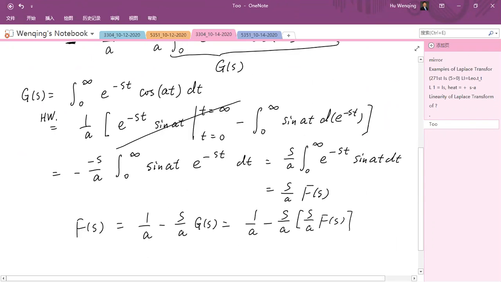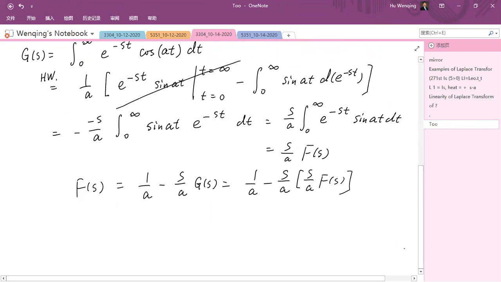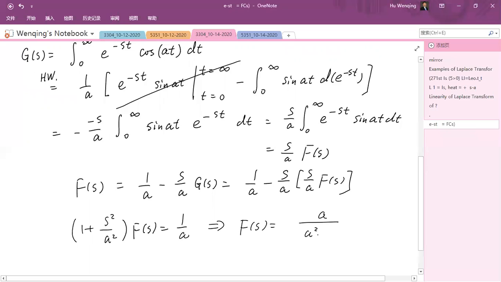So you have something like this, and this is nothing but an identity. It tells you that 1 plus s squared over a squared times F of s is equal to 1 over a, from which you calculate F of s is equal to a over a squared plus s squared, where s is always positive. That's what we always assume, that s has to be positive.